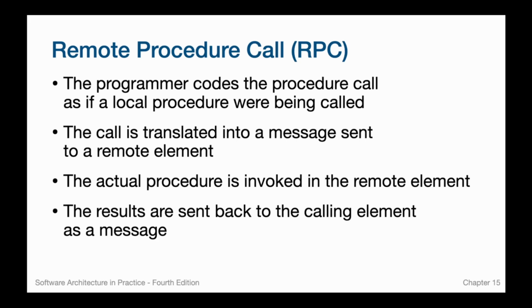So the programmer codes the procedure call as if a local procedure were being called with a little bit of syntactic variation, and the call is then translated into a message, which is sent to a remote element where the actual procedure is invoked. And then after that, the results are sent back to the calling element as a message.